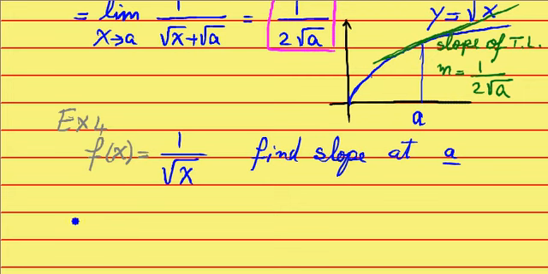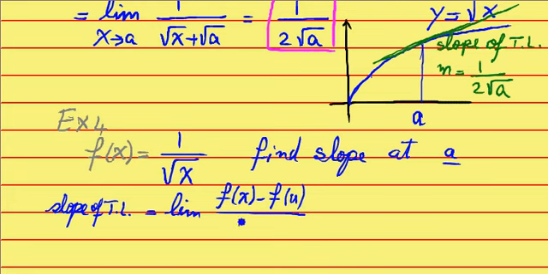Okay, now could you pause this and go ahead, do this problem, and come back and double check your answer. I get started here. The slope of the tangent line is equal to, start, the limit of f of x minus f of a over x minus a, as x comes close to a.